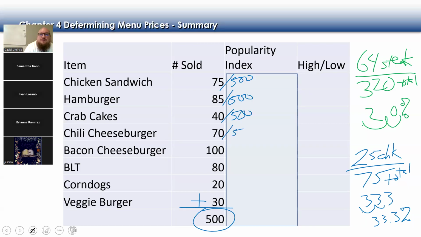If you're just now learning this concept, I would go ahead and write divided by 500 next to every single one. That allows you to remember why you did divide by 500. So circle the bottom, 500, and then divide.